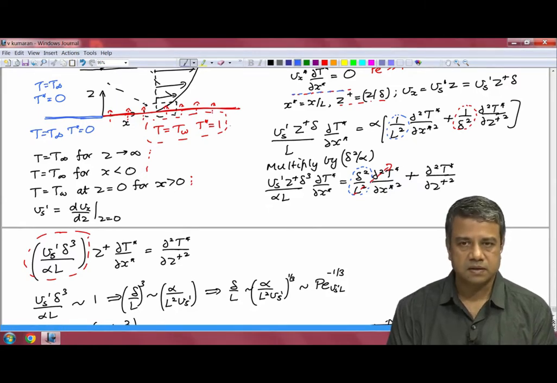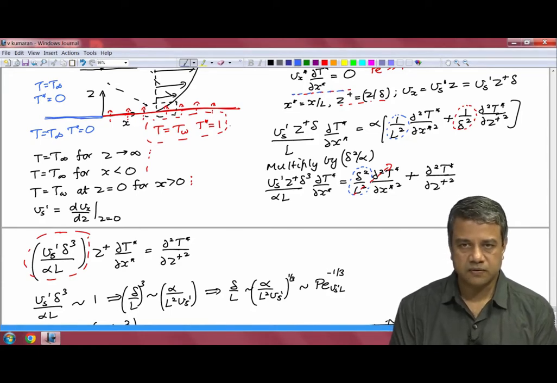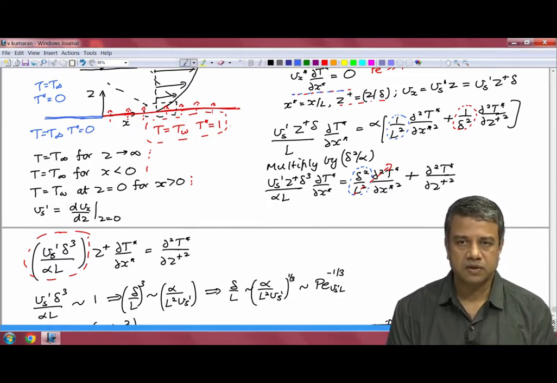Physically, this was because the temperature at a location is determined by a balance between the streamwise convection and the cross stream diffusion, and the cross stream diffusion of heat from the heated section causes a disturbance to the temperature. If you neglect the cross stream diffusion altogether, there will be no change in the temperature.